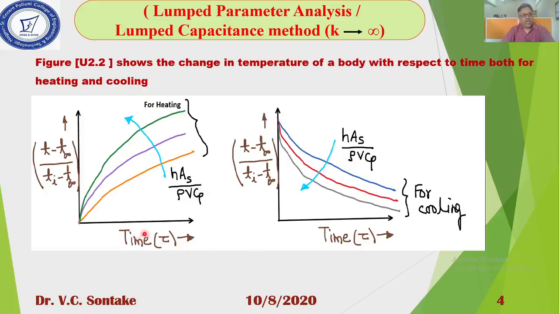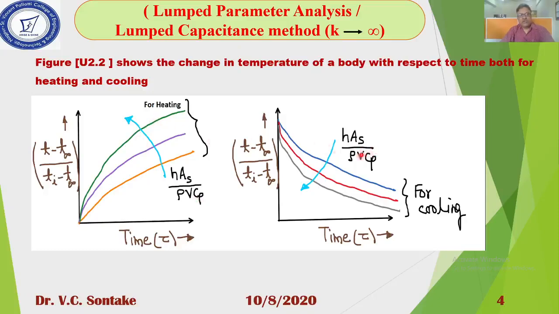That means with the increase of time, body temperature reaches equal to the temperature of the surrounding. Similarly, for a particular moment of time, increase in the value of hAs over rho V Cp increases the value of T minus T infinity over Ti minus T infinity. So with the increase of the parameter hAs over rho V Cp, body will approach the temperature of the surrounding very fast.